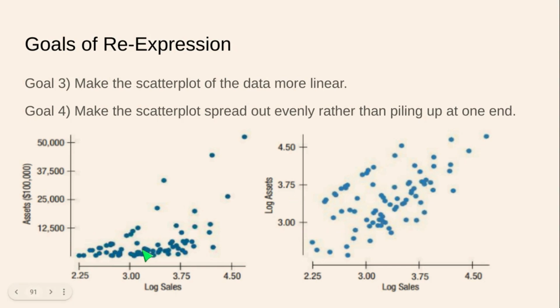So by using logarithms again, we take big values and make them small, and really big values and make them almost as small. Nice for making a linear pattern in our data. It's much easier to work with than this monstrosity over here.